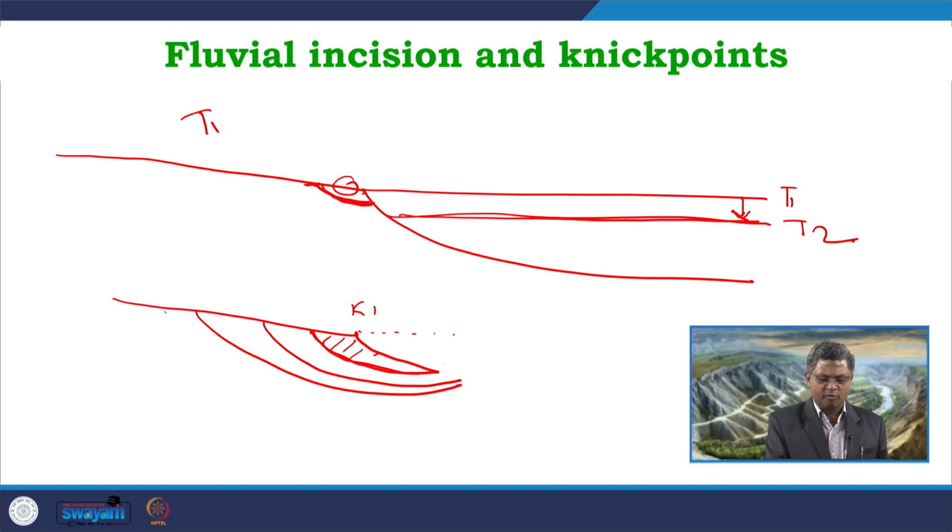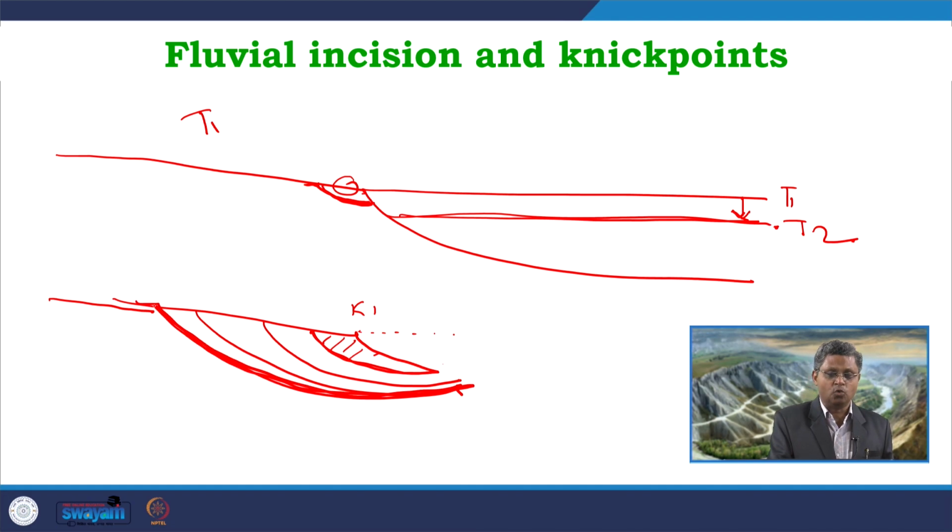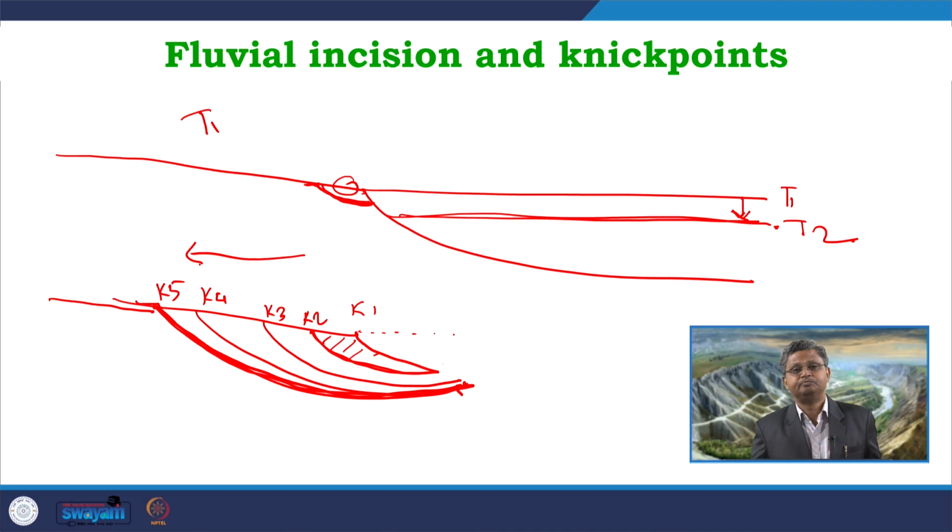So, at some point, say when it is reaching time t2, this is the final profile at time t2, which indicates the fluvial equilibrium profile or fluvial graded profile. This is the type of adjustment, and for this we are getting a series of nick points formed gradually, which are migrating back towards the landward side.